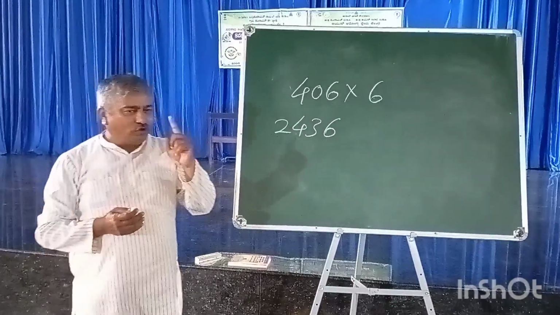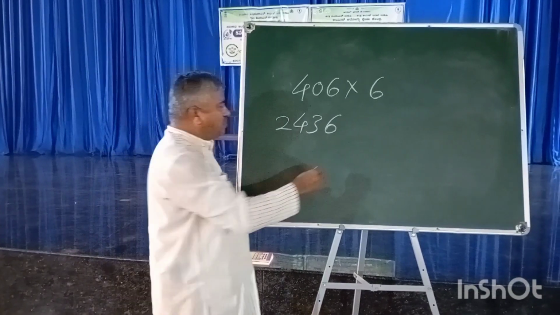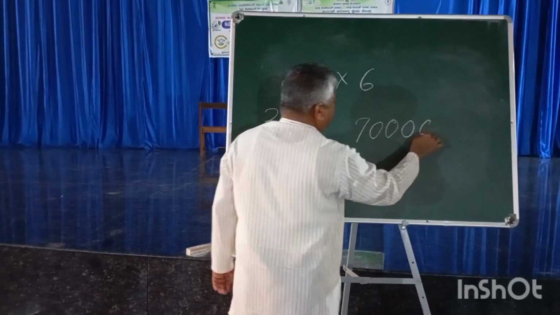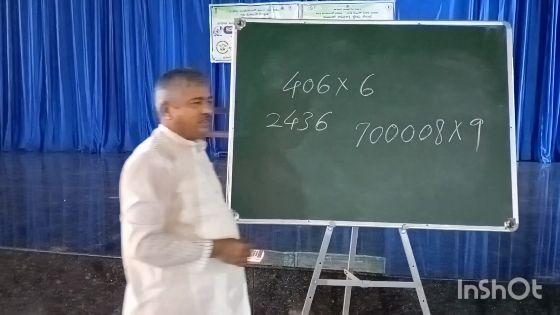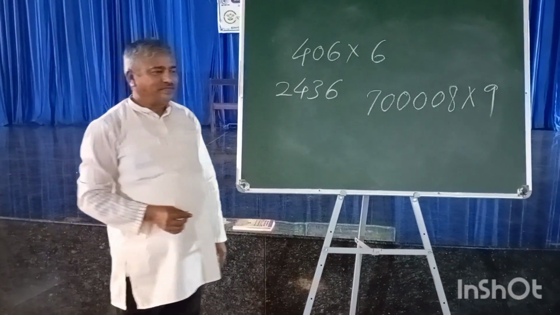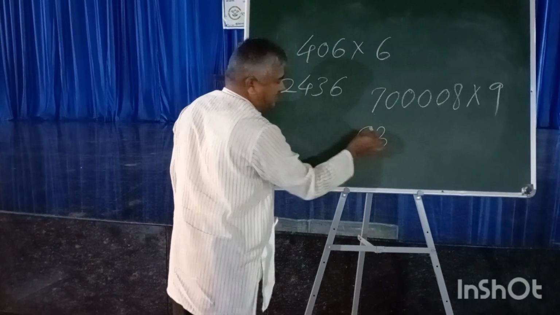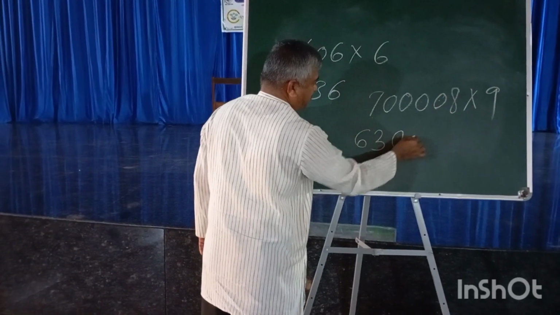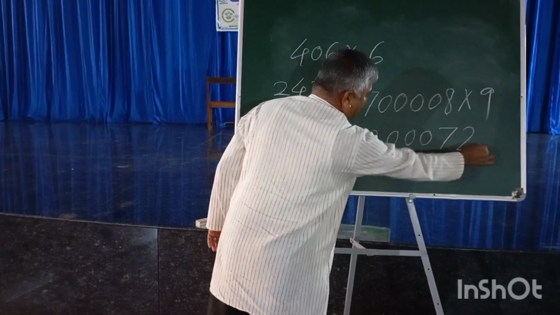Now I am giving one question to you. Can you answer? Yes. Come on. 7000 8 into 9. What will be the answer? 63. 872.